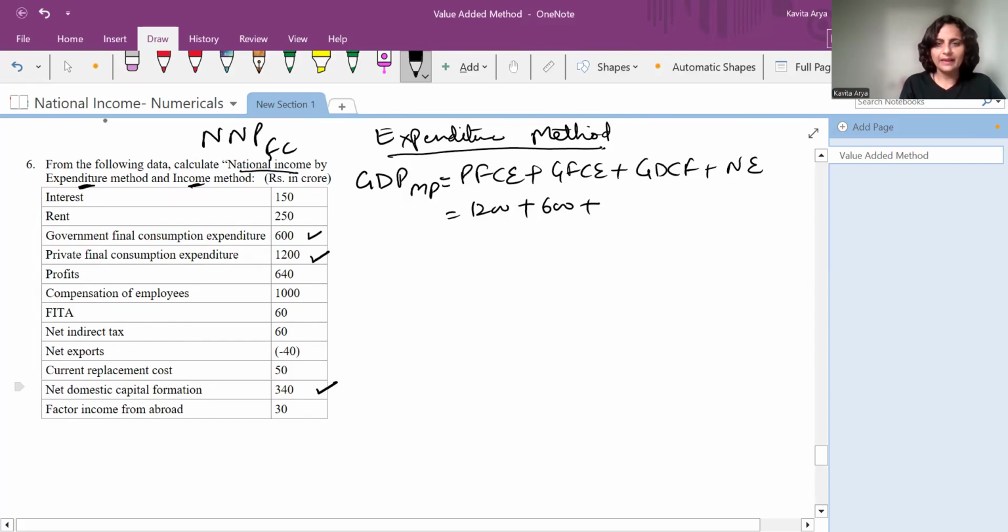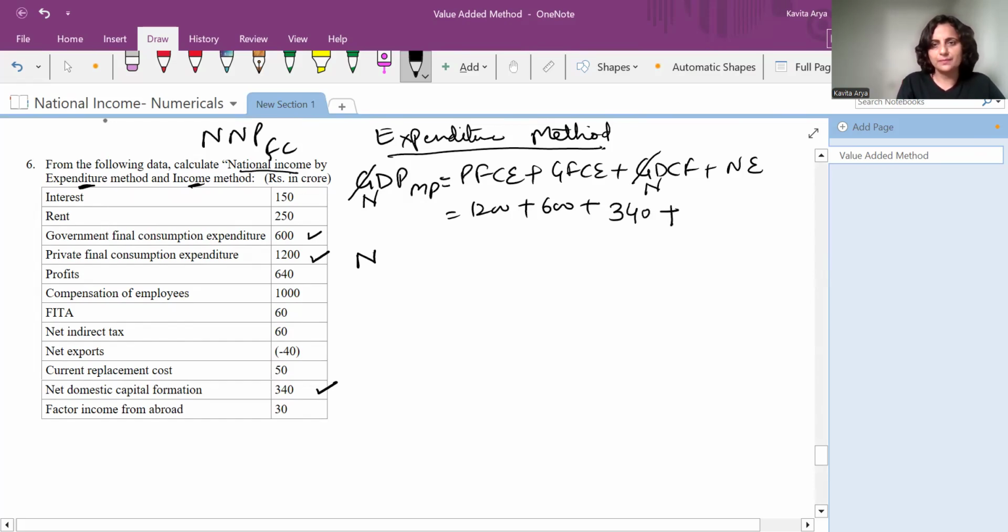Again, we can do the same way, because ultimately we need to have N here. So if I take NDCF and I don't add depreciation, that also will work. I'm just doing it this way for you. I will write N here, and I will take NDCF, that is 340 plus net exports.